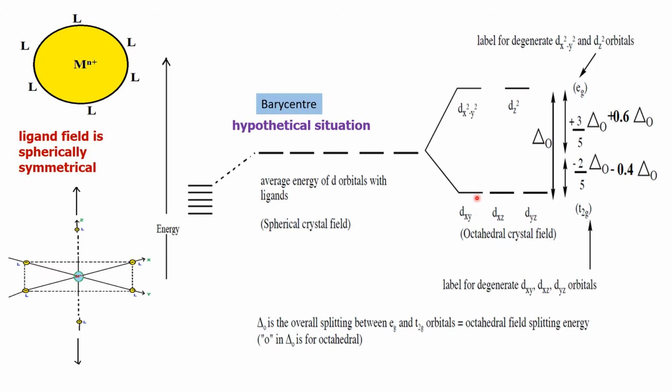That is the basis of crystal field theory. That means the splitting of d orbitals is the basis of crystal field theory. The separation of the 5d orbitals of the metal ion into two sets, that is the T2G level and the EG level, having different energy, is called crystal field splitting or energy level splitting.